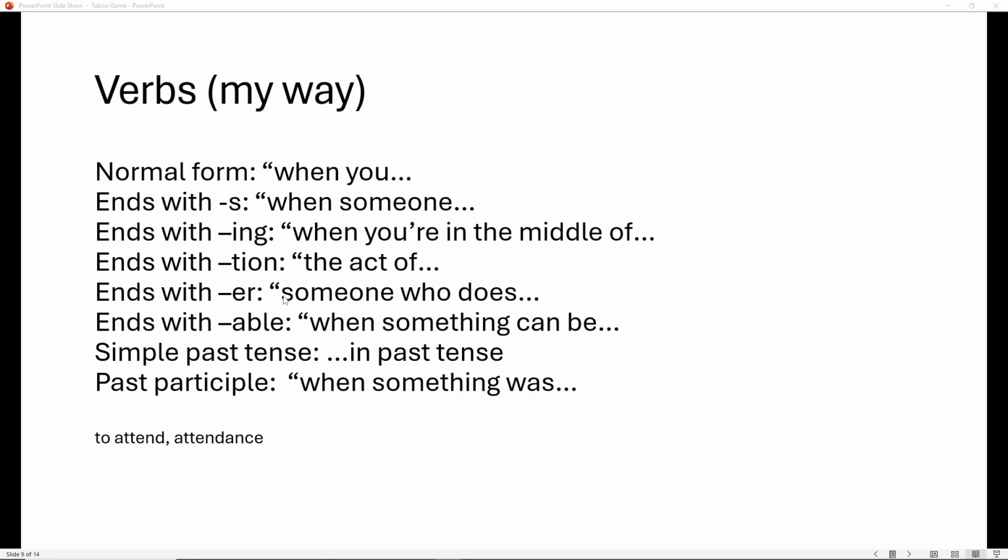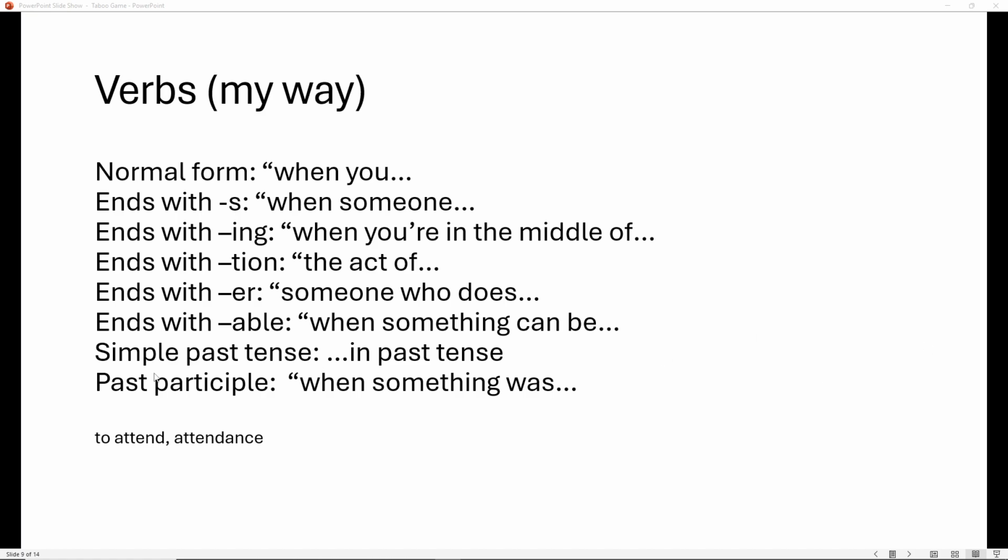Ends with er, so dancer, so someone who does that thing. And able, so to beat, beatable, to debate, debatable, right? Something that can be debated. Now, simple past tense, past participle. I won't go too deep into that, it's kind of complicated for a tiny thing.